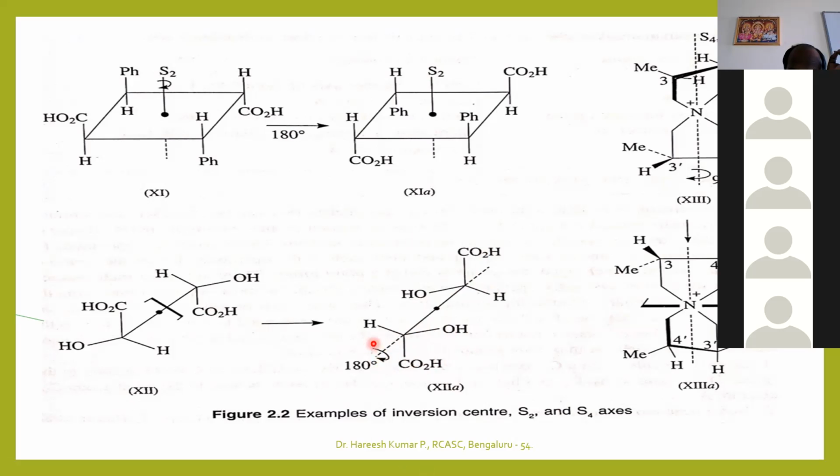The arrow mark is there, no? It will rotate like this. So what will happen when it is rotating? H will come over here, OH will come over here, and COOH will come to the top. That's what happened here. So with 180-degree rotation, there are changes. Similarly, here this moiety also has changes. OH and H will come down, COOH is going up.